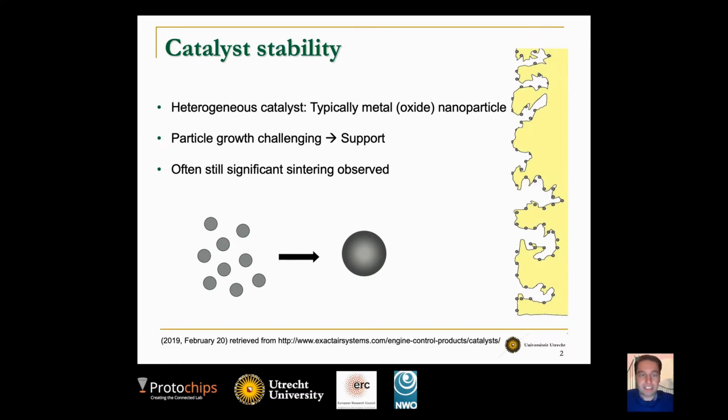This is unwanted because catalysts usually catalyze the reaction only at the surface, and particle growth makes the surface area decrease a lot. To prevent this, particles are usually anchored on a very high surface area material called a support, like this here. But even then, we often see that particle growth is still significant.